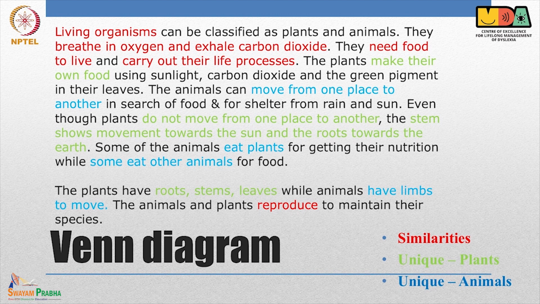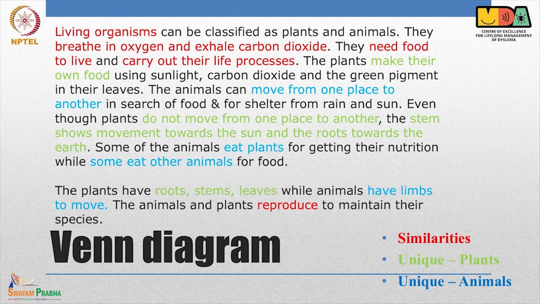If you read the whole paragraph, you will come across what movement they show: the roots move towards the soil, the stem moves towards the sunlight. Here the animals move from place to place using limbs. So, shows movement comes in the intersecting portion. For plants, roots show movement towards the earth and stem shows movement towards the sunlight. For animals, it moves from one place to another using limbs.